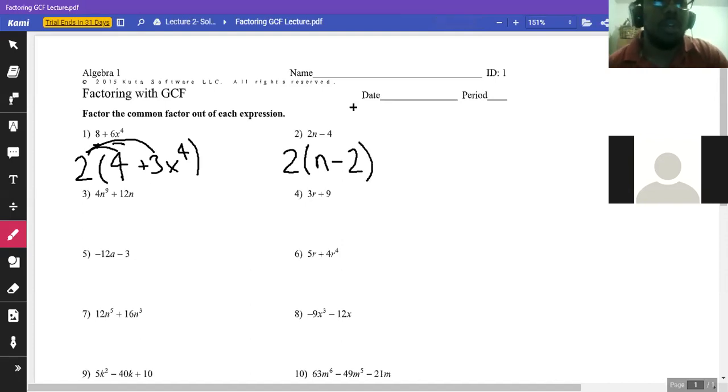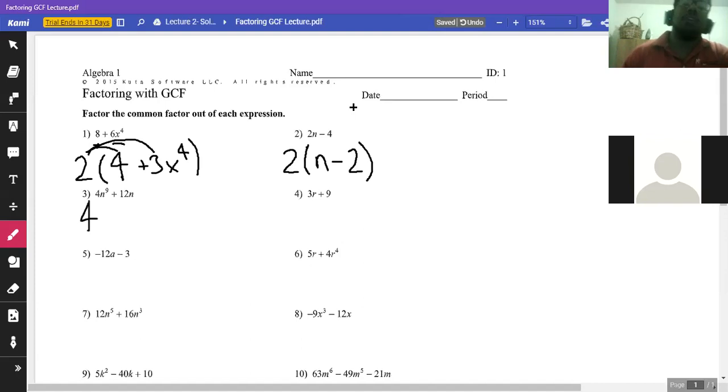Okay, what about number 3? Can anyone tell me what the greatest common factor I can pull out of the terms in 3 is? Four? Yeah, good, 4. So if I'm looking at the numbers, I can pull out a 4. But I also noticed that one term has an n to the 9th and one term has an n.